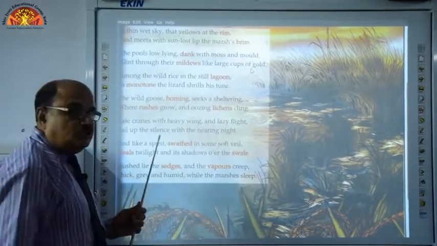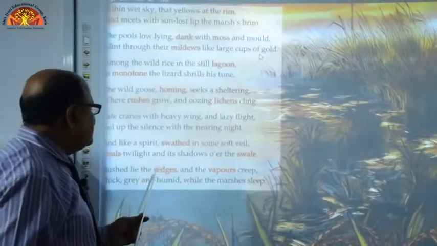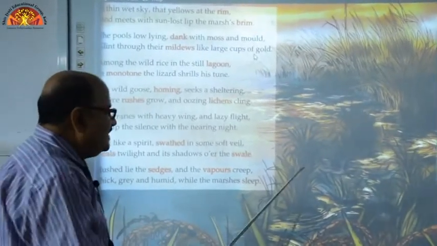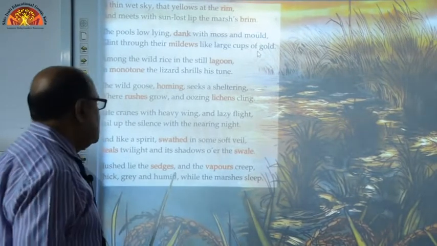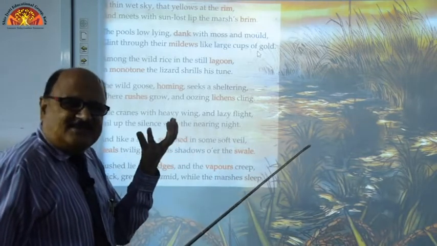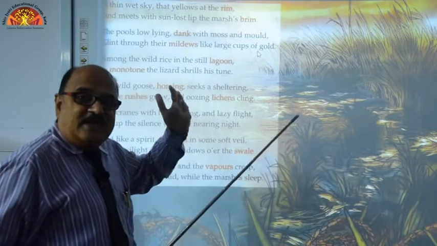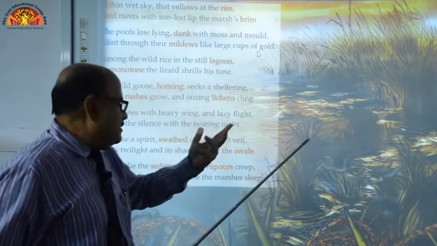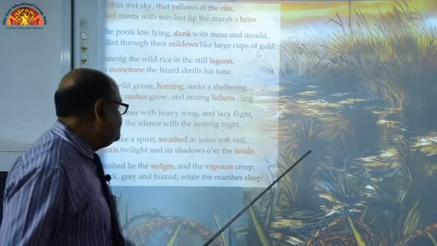Hushed lie, shh, that is hushed. Hushed lie the sedges. These sedges, green vegetation, are there, and the vapors means fog like structure. At the advent of night, everything looks foggy, with the impact of mist.